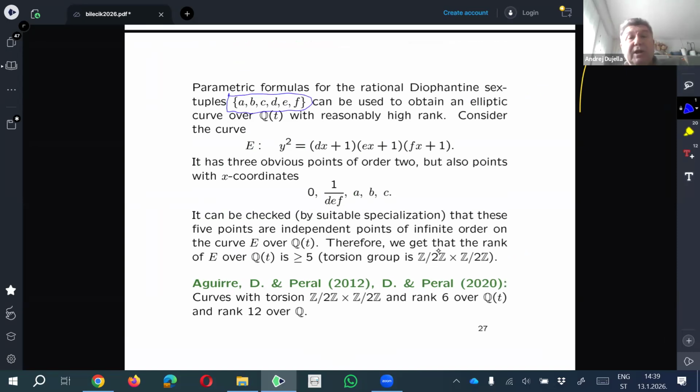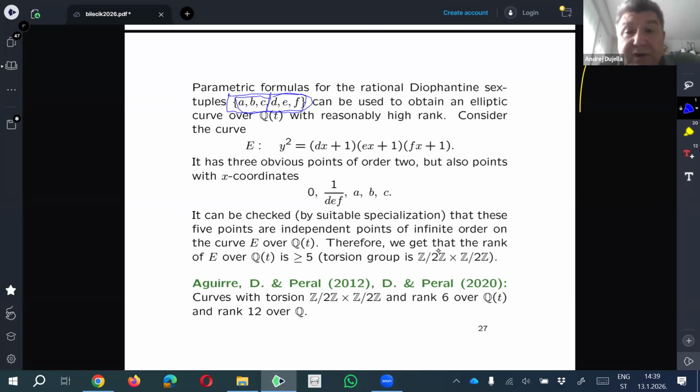So the starting point are our parametric formulas of rational sextuples. They look so awful that one is perhaps surprised that they have applications, but indeed they have. So we will choose different subtriples. For example, for simplicity, let's look at the last 3 elements, and then we will look at the first 3 elements.